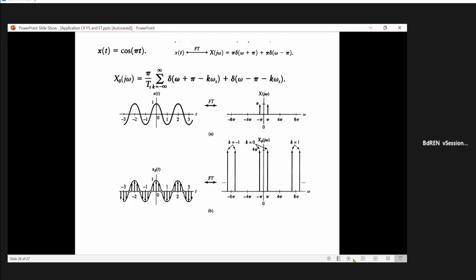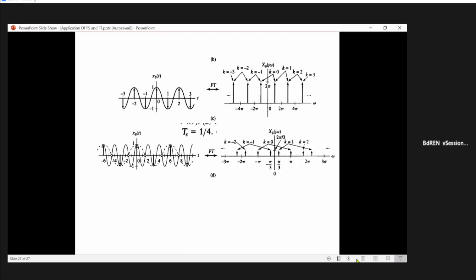So if we sample your signal, say we have cos pi t, then how many spectrums are there? Two, at pi and minus pi.